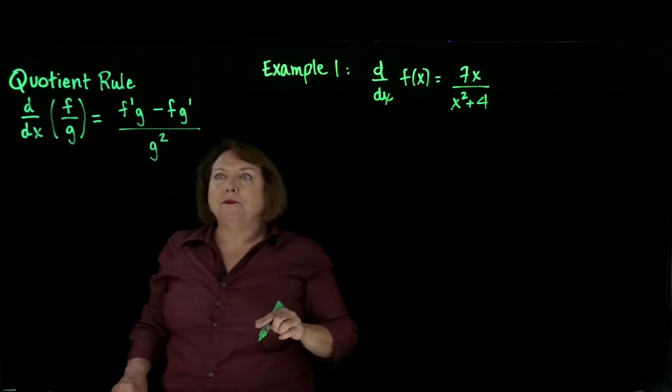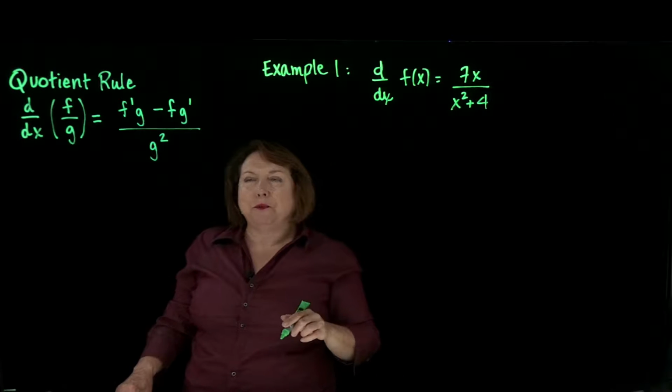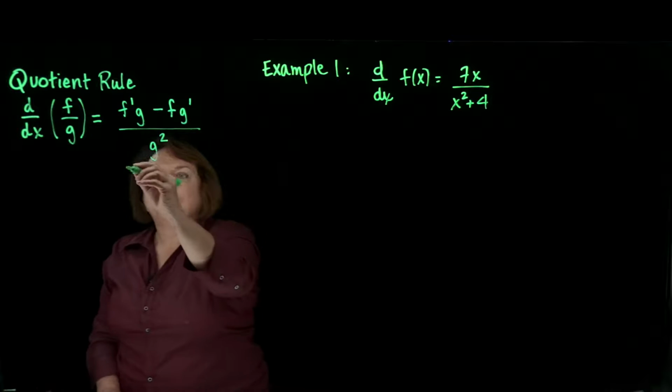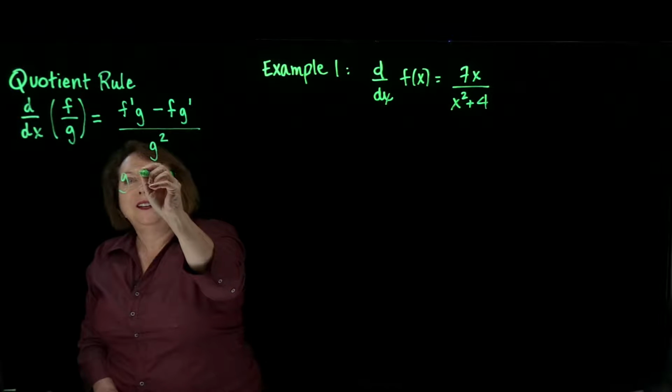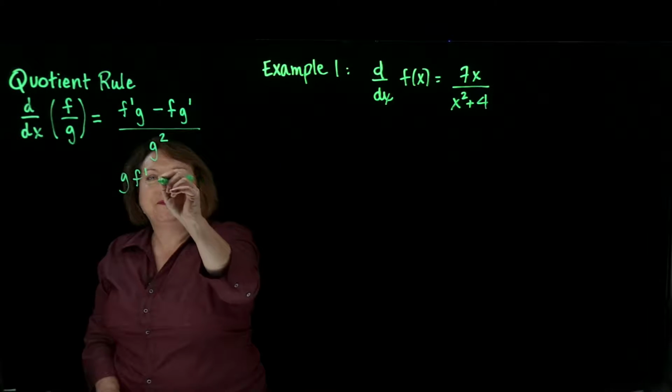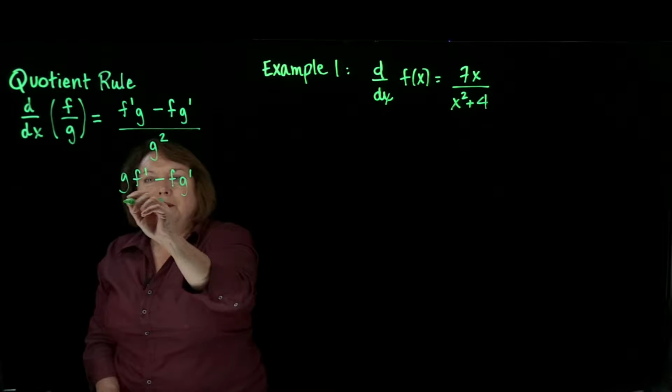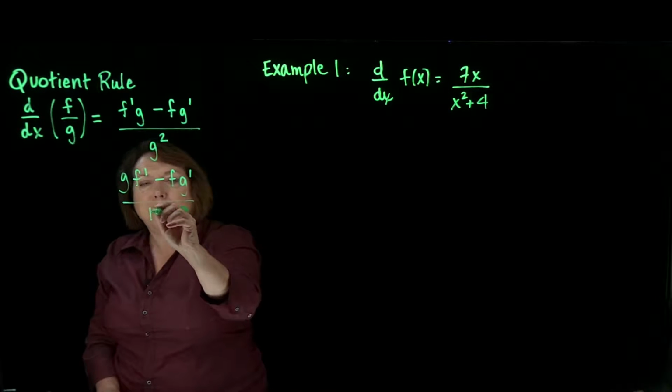Now, my calculus professor a long time ago used to call it this: low d high minus high d low divided by low squared.